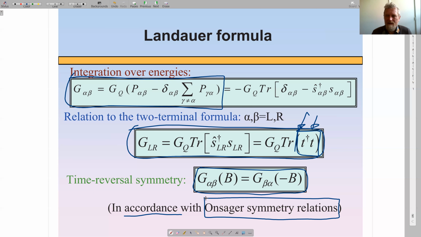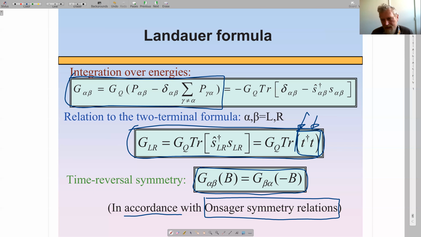I just wonder how it is taught nowadays. Has anybody heard about Onsager symmetry relations for kinetic coefficients, for response functions? Yeah, nobody.